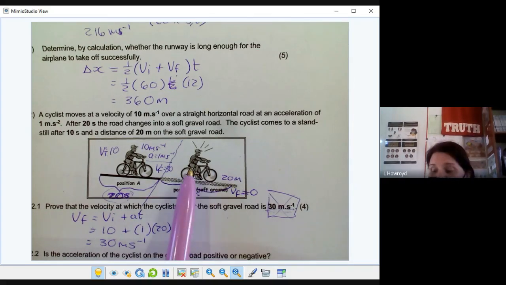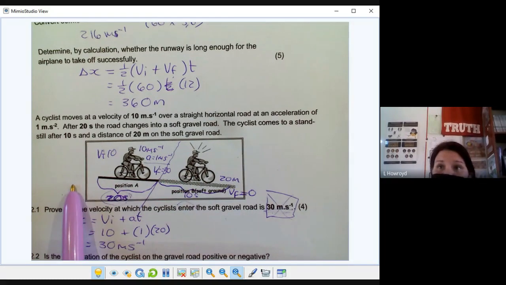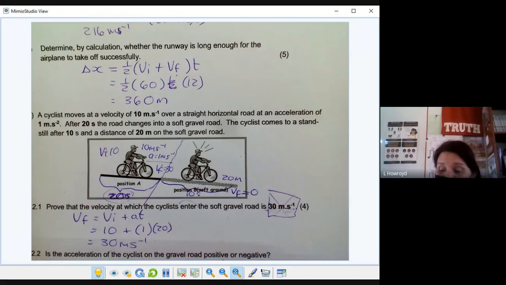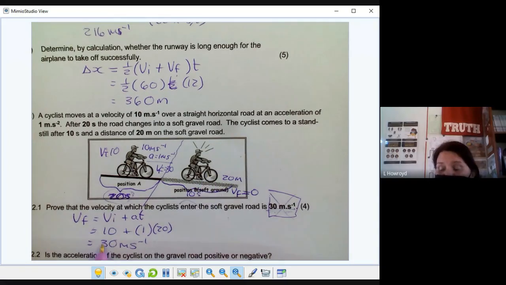Even if this guy was going the opposite direction, choose the left as going positive. It's fine, because your answer will be a positive, and you know that you've chosen left as positive, and so they're going left. So it will always work out. Even if we chose this as negative, we would land up with a negative answer, and you would interpret it as going right, because we chose right as negative. You see what I'm saying? Your answer will always work.